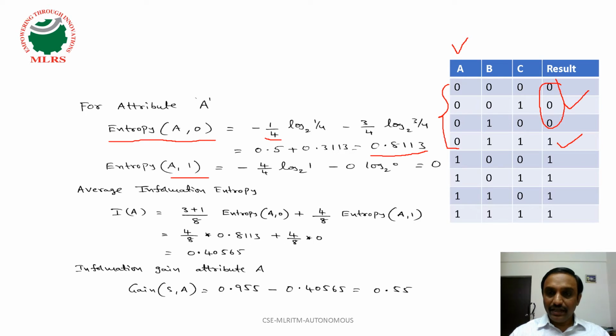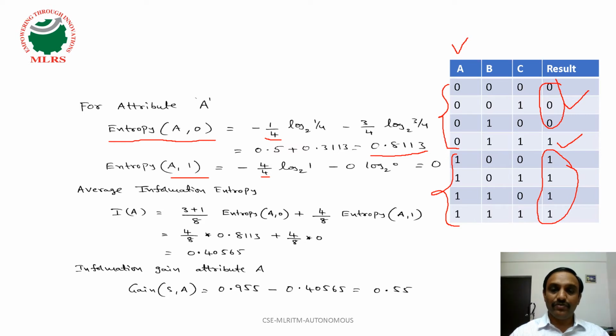Now take the entropy of A with value 1, where A is the attribute and 1 is its value. For the value 1, total how many examples are there? Total 4 examples, so in the denominator we take 4. And how many are positive? All are positive, so no impurity is present.